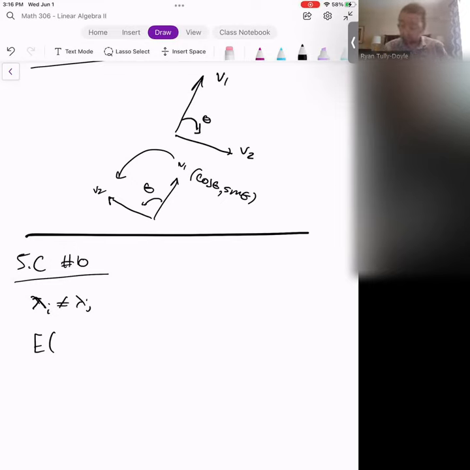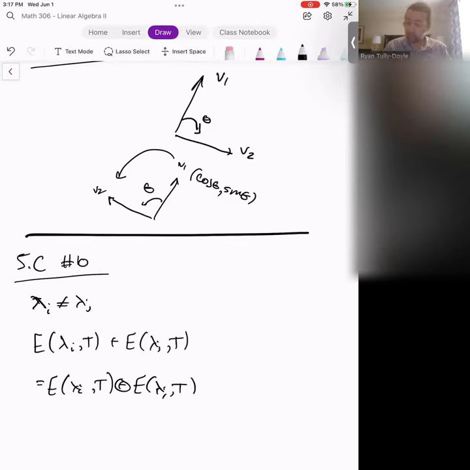And what that means is that if you look at the set sum of E(lambda i, T) and E(lambda j, T), and lambda i is not equal to lambda j, this is actually a direct sum.